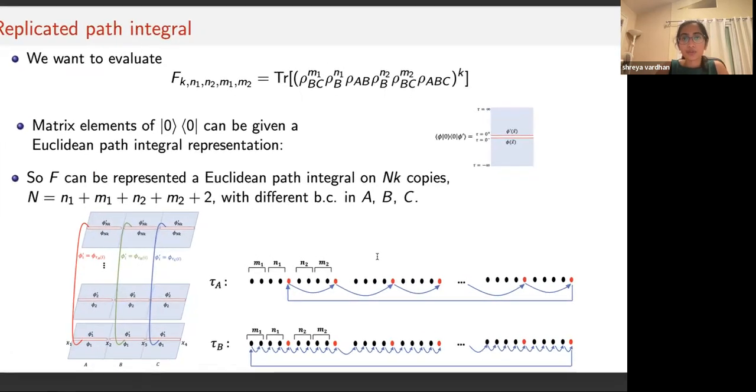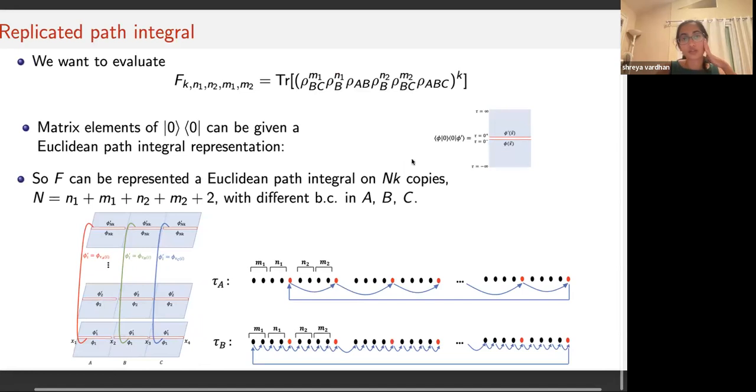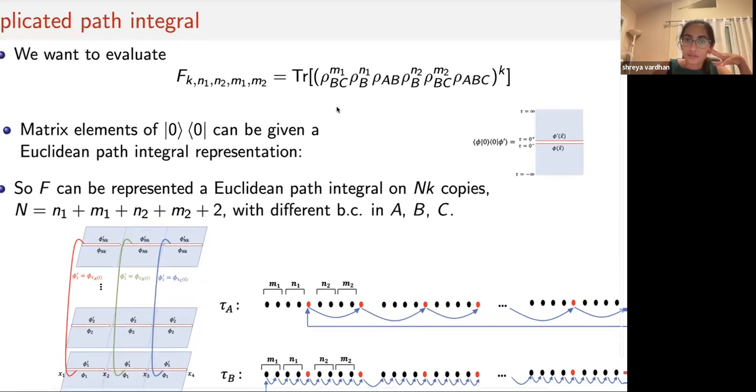So now this is what we want to calculate. And again, we use a more complicated version of the trick that is used for the Renyi entropies. So this involves some number of copies of the density matrix of the vacuum state. And in the different copies, we've traced out different regions, and then we multiply the matrices in this order.